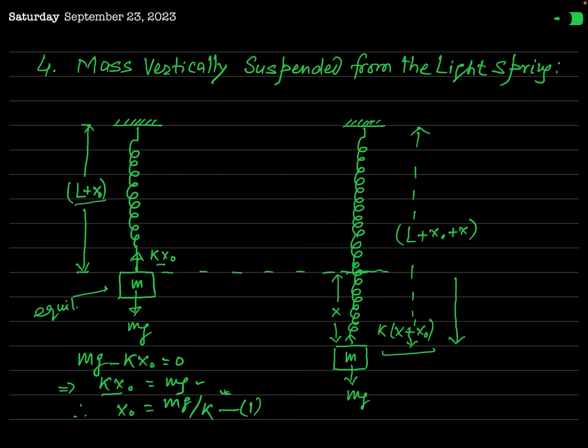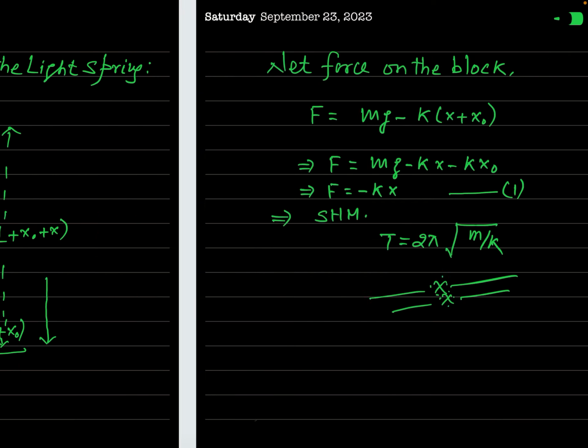So the spring force developed in this condition will be k times x plus x naught, which is acting in the upward direction, and mg, as earlier, is acting in the downward direction. So there will be a net force acting on this block in the upward direction, and that net force will be equal to kx. How?